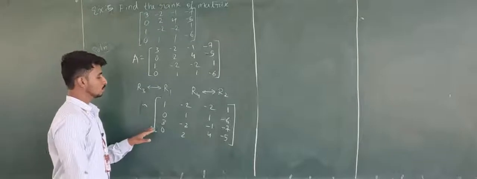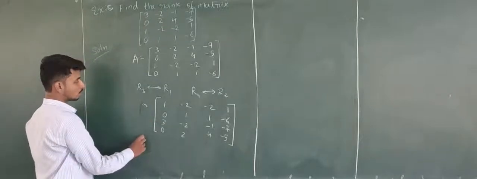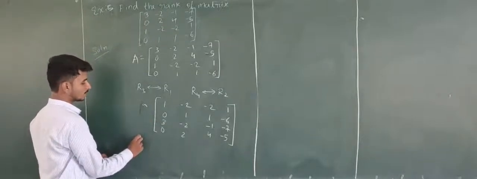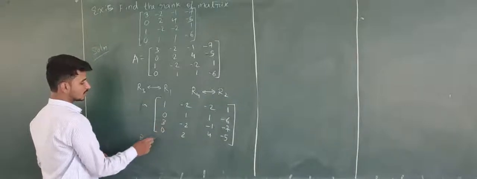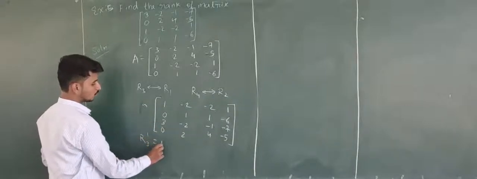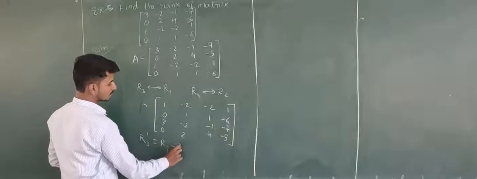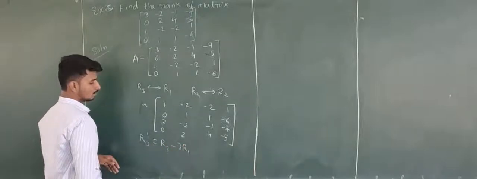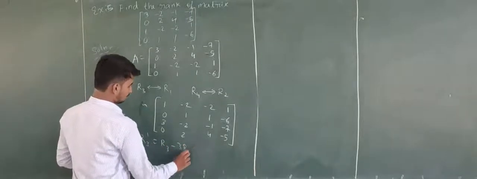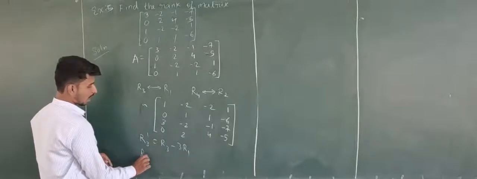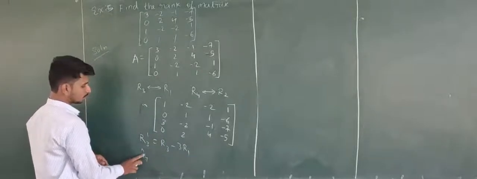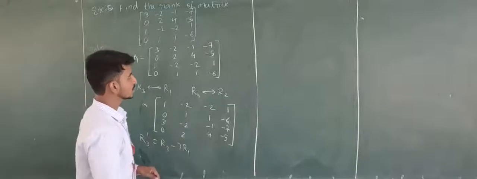To do this, we perform an elementary transformation: R3 dash equal to R3 minus 3 R1. We will take R4 in the next transformation.